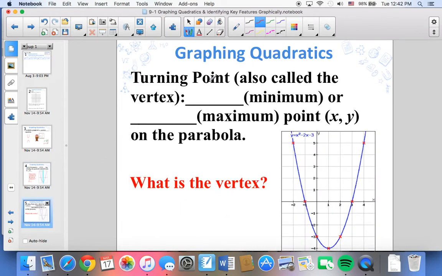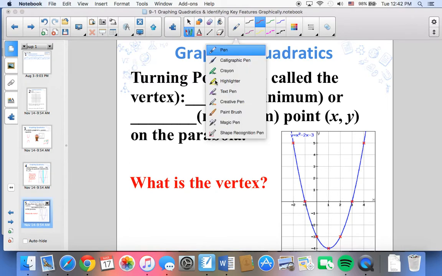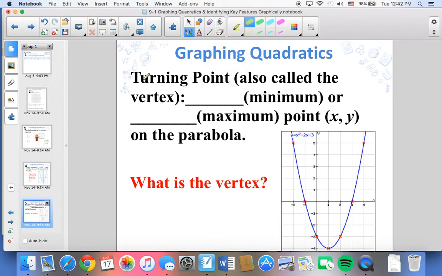Okay. The turning point is also called the vertex. So those words are synonyms. Turning point, I can call it, or I can call it a vertex. It is the lowest, which is the minimum, or it's the highest, which would be the maximum, point on the parabola. So in this parabola, in the picture I have as an example here, the vertex is a minimum.